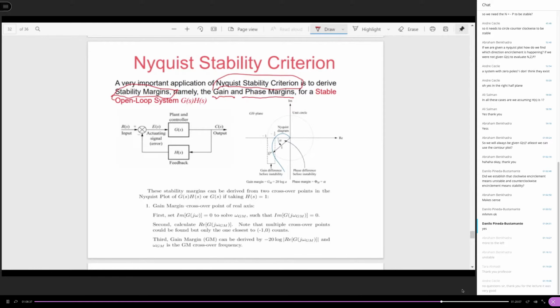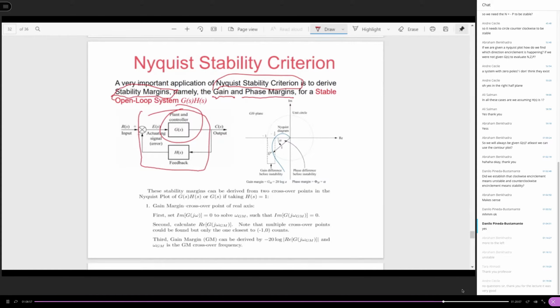Another condition I need to state here is that anytime we talk about the stability margin for the closed loop system, the open loop system must be stable. No argument here.